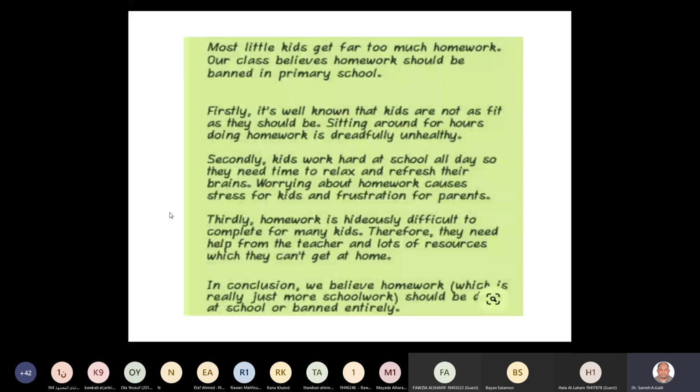Please mute your mic. Can we have somebody else talk about their impressions of the essay? We have established that it is an essay because it is divided into paragraphs. It is very clear that the first paragraph is the introduction and the last paragraph is the conclusion, and in between you have the body paragraphs.